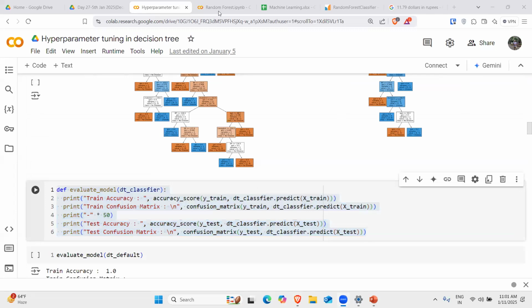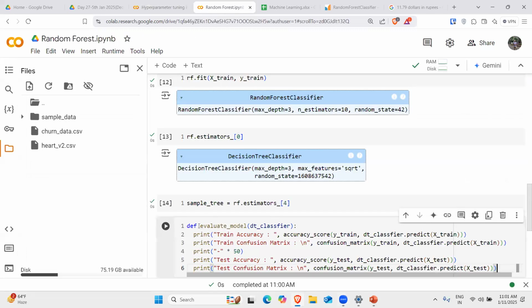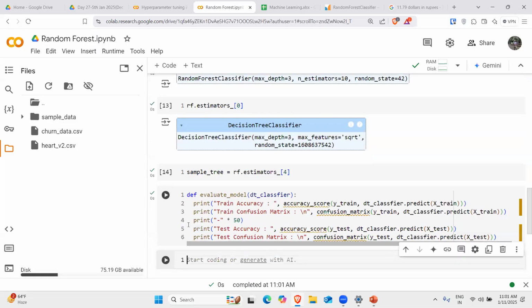So the same function we will create over here. Simple.